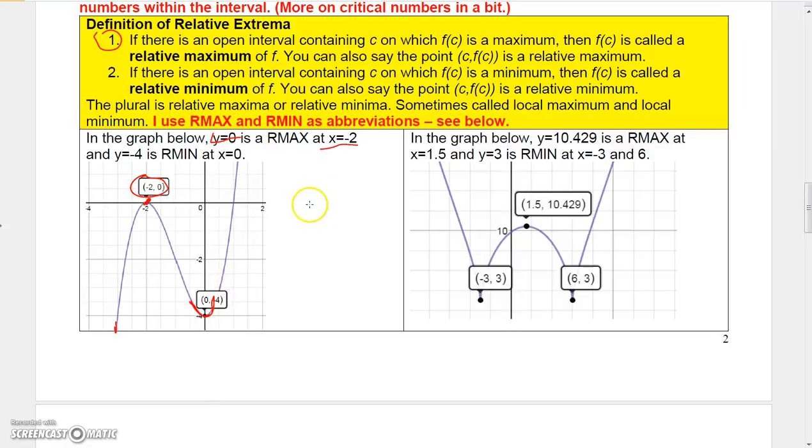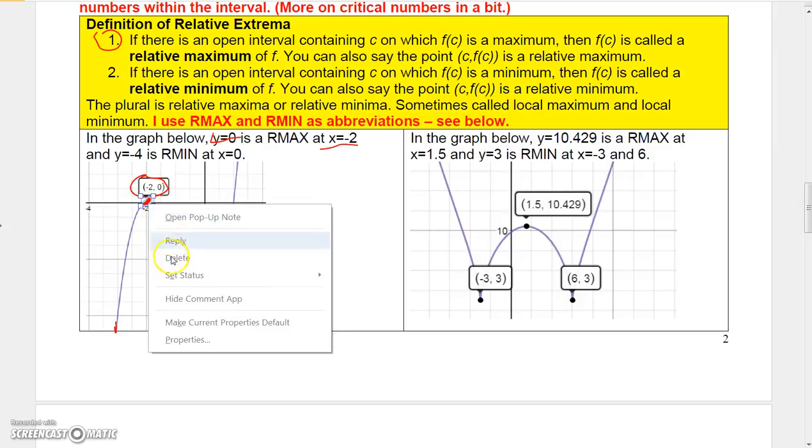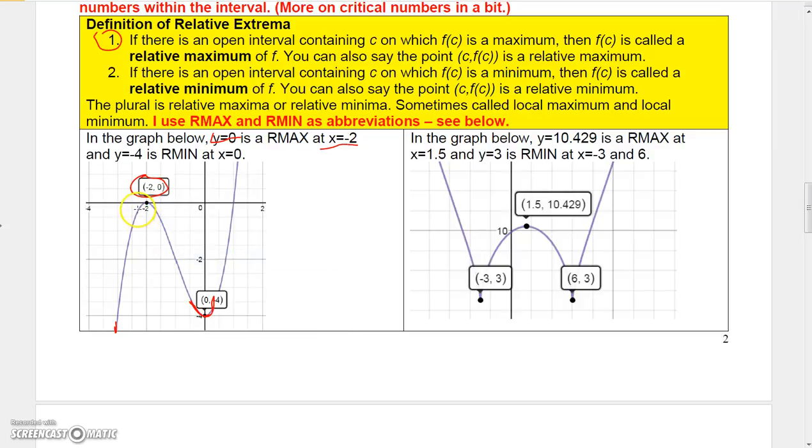Now there's a couple of ways this can happen. If you notice with this graph, there's a smooth transition where the graph goes from increasing to decreasing, and then down here there's a smooth transition where it goes from decreasing to increasing. And so you'll notice we get relative extrema at those values.